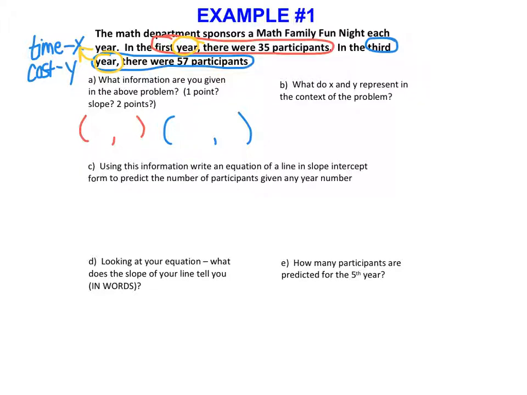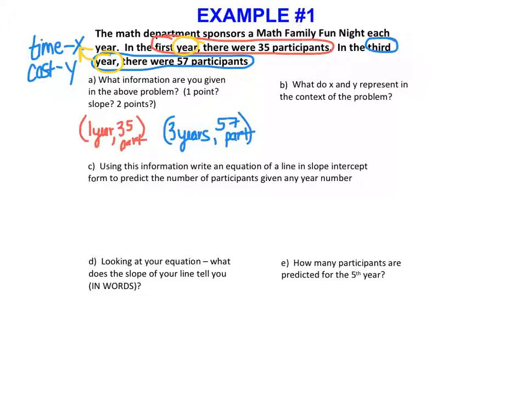My first point is going to be the first year, so year 1, and there were 35 participants, or people. In the second point, I have the same pattern. We have year 3, so after 3 years, there were 57 participants.